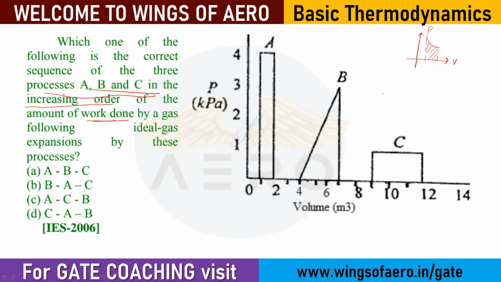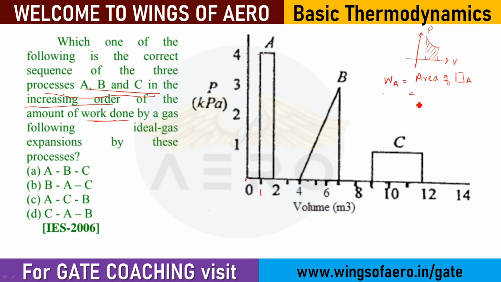Now here in A, it is just a rectangular form. This is 0, this is 1, this is 2, and this is 4, 0 to 4. To find the work done for A, I need the area of this rectangle.